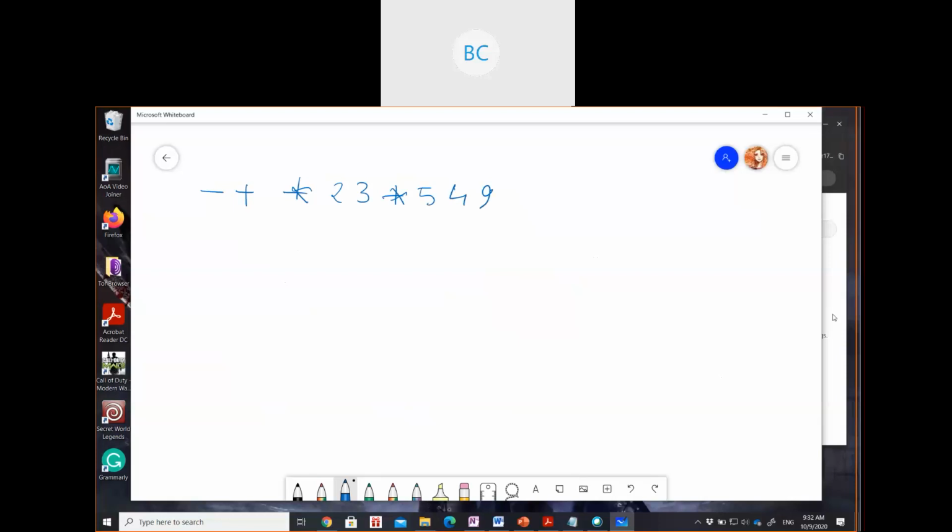Anyone tried? I had given the posting one to show how to evaluate. And I told you for the prefix you need to go from the right hand side, and for postfix you go from left hand side. Correct? Was that clear to you guys how to evaluate it?